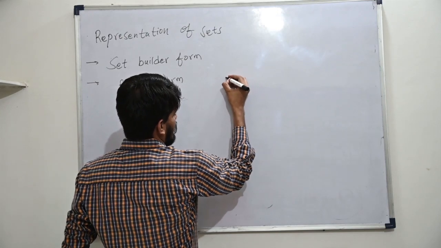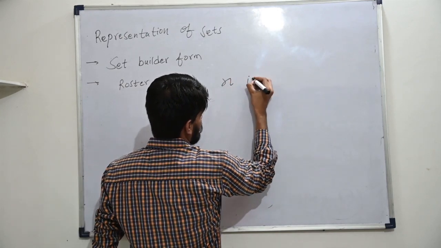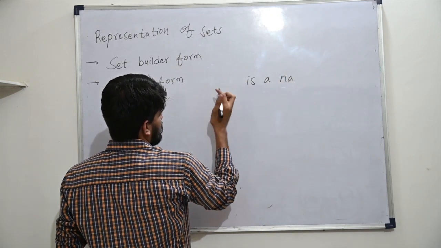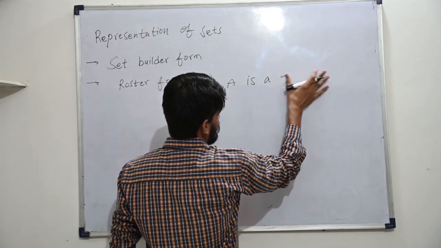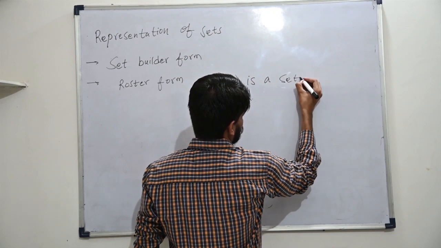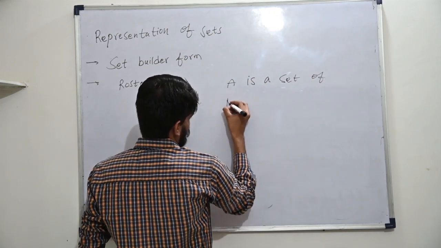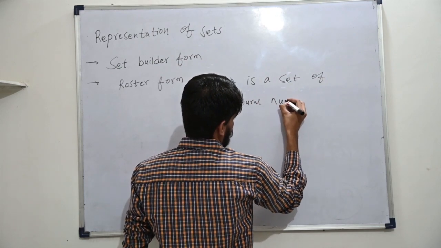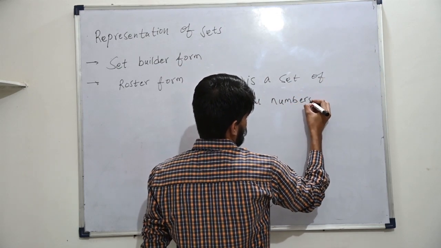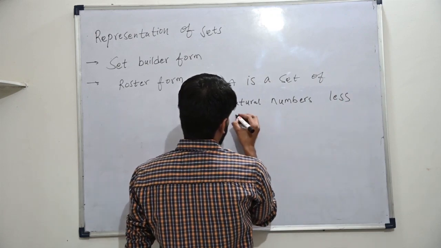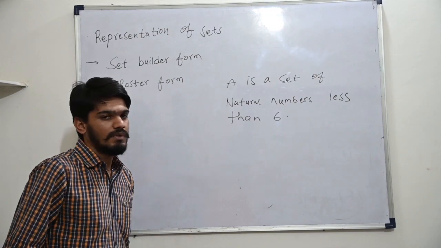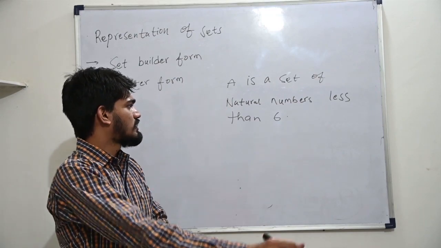Let's say A is a set of natural numbers less than 6. We have to represent this.